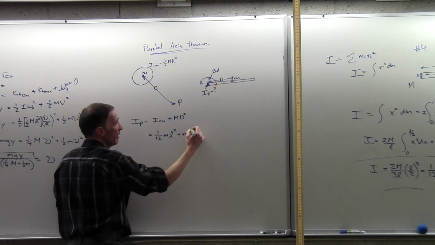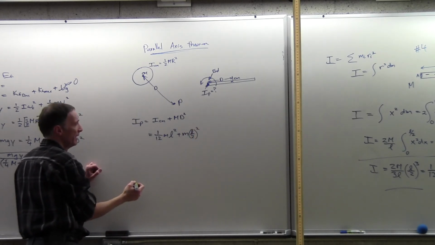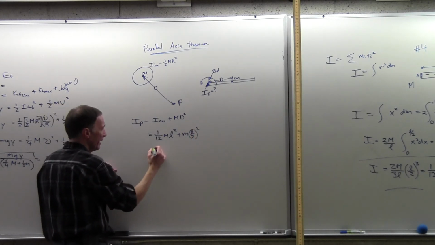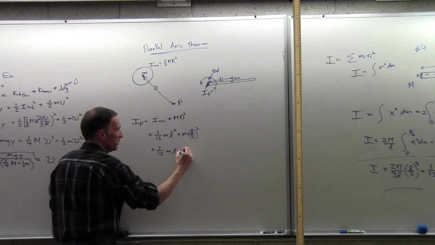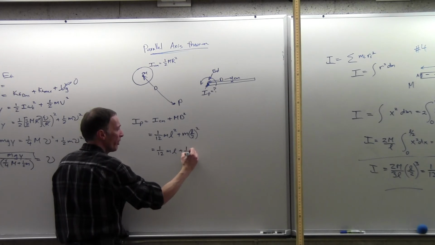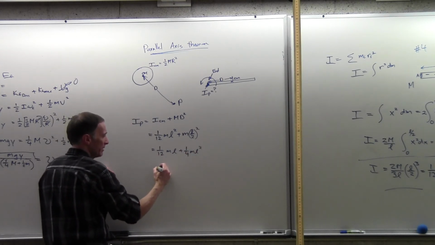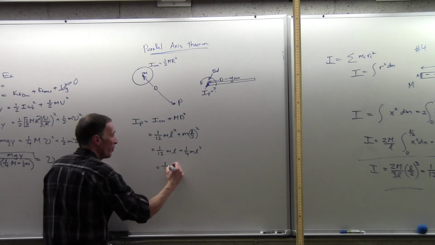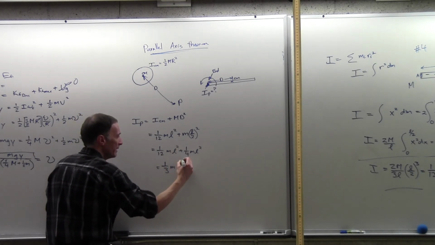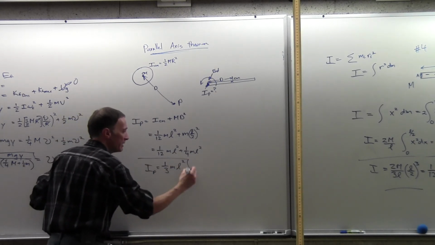And in this case, that would be L/2. And I square that. So when I do that, I end up with 1/12 ml squared plus now a 1/4 ml squared. You can do the math as well as I, better. It's going to turn out to be 1/3 ml squared is going to be the moment of inertia around the end. So I was able to get that.